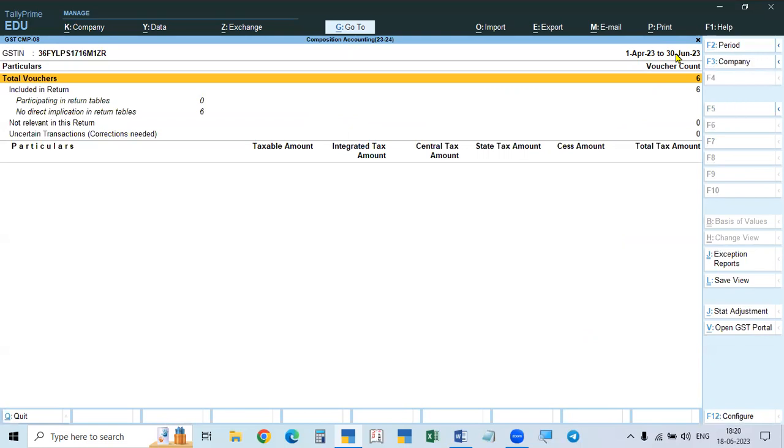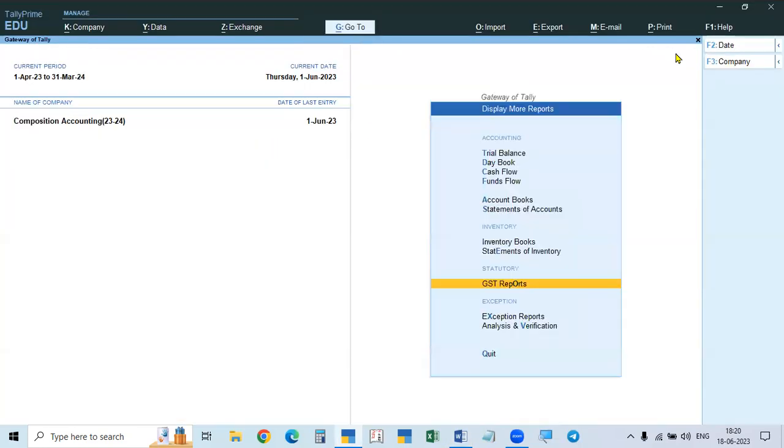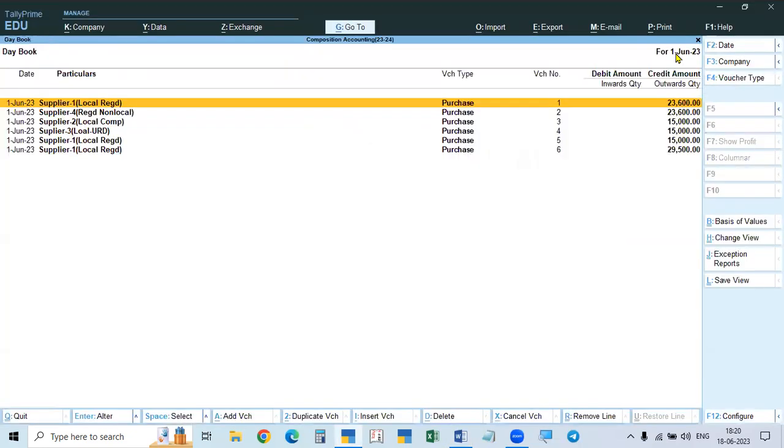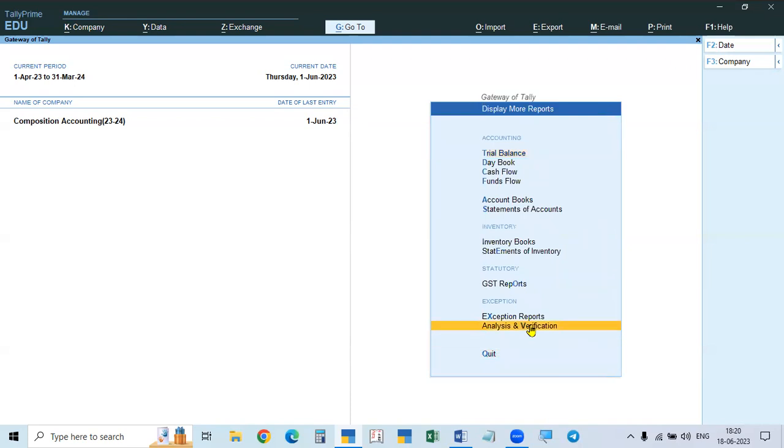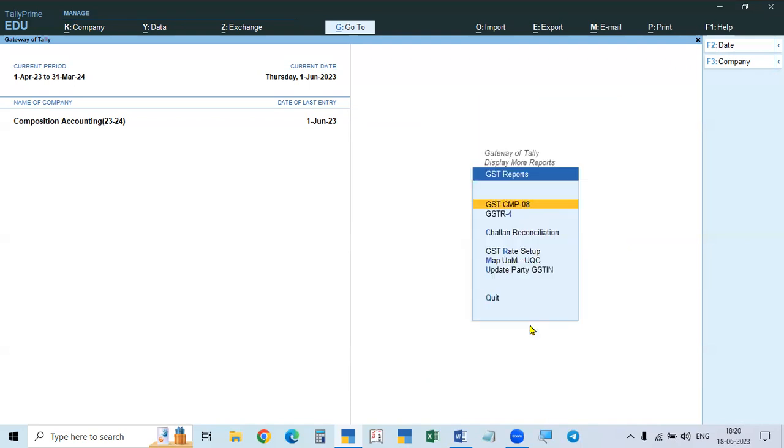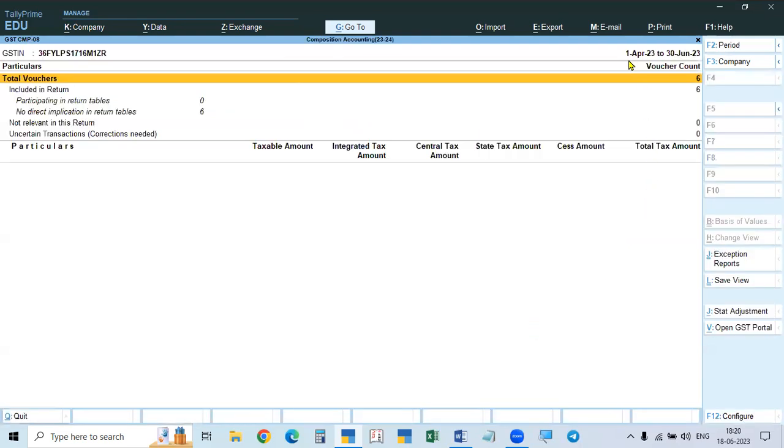You go to day book, what is the date? Only up to June, okay. 1st June only you have taken, okay. So display more reports and CMP 08. CMP 08 is quarterly. That's why directly it is showing 1st April to 30 June.